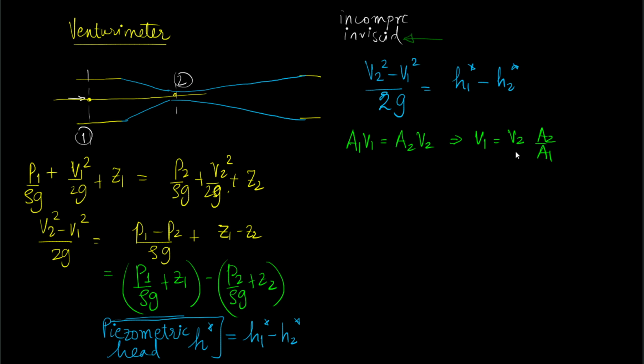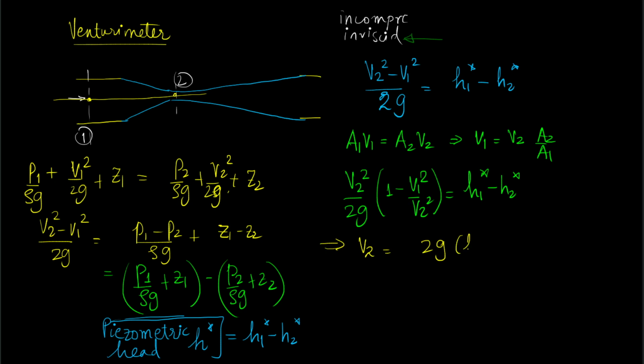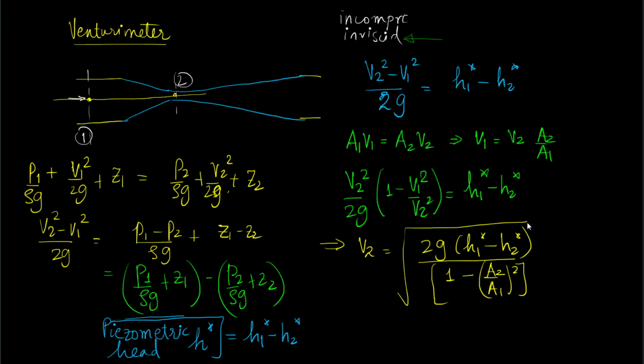So we can substitute this over here to write down V2 square upon 2g times (1 minus V1 square upon V2 square) is equal to H1 star minus H2 star. And this implies that V2 is equal to the square root of 2g (H1 star minus H2 star) divided by (1 minus (A2 upon A1) whole squared). And because it's squared, we have to take a square root of this entire thing.